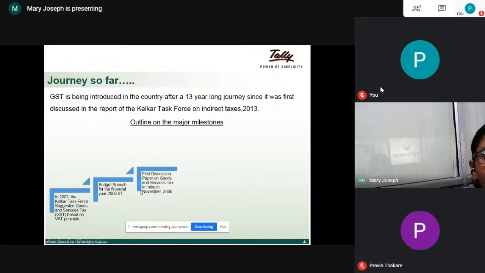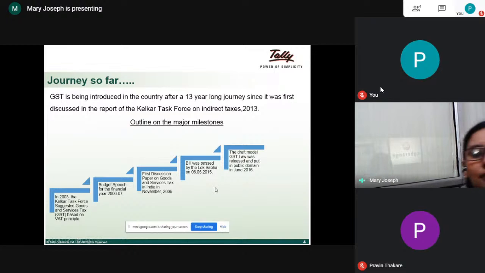After that, the first discussion paper, Goods and Service Tax in India, in November 2009. The bill was passed by the Lok Sabha on 6/5/2015, and after that the draft model GST law was released and put in the public domain in June 2016.